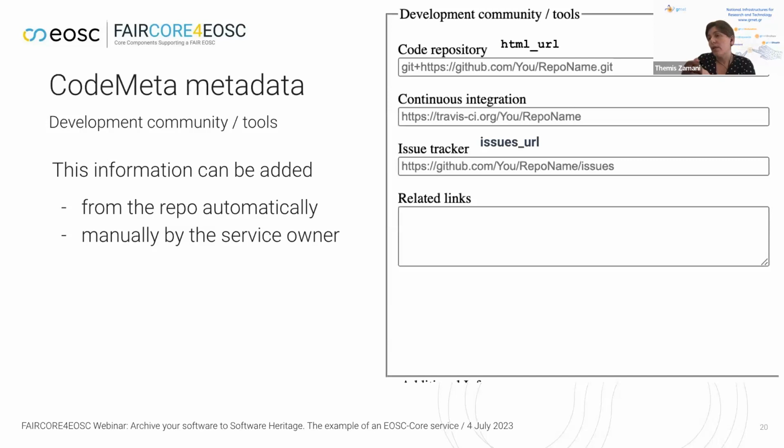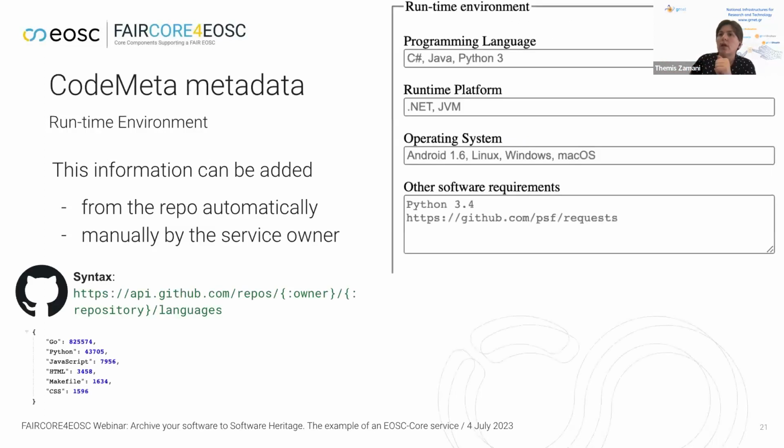The other part of the metadata is the development community tools: where you host your repository, where your continuous integration platform is, where someone can create issues, and of course other related links to your project and repository.